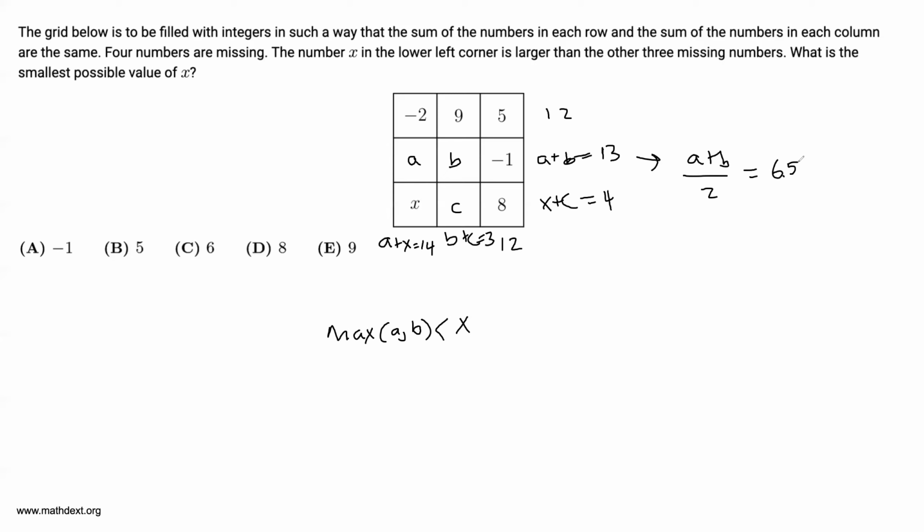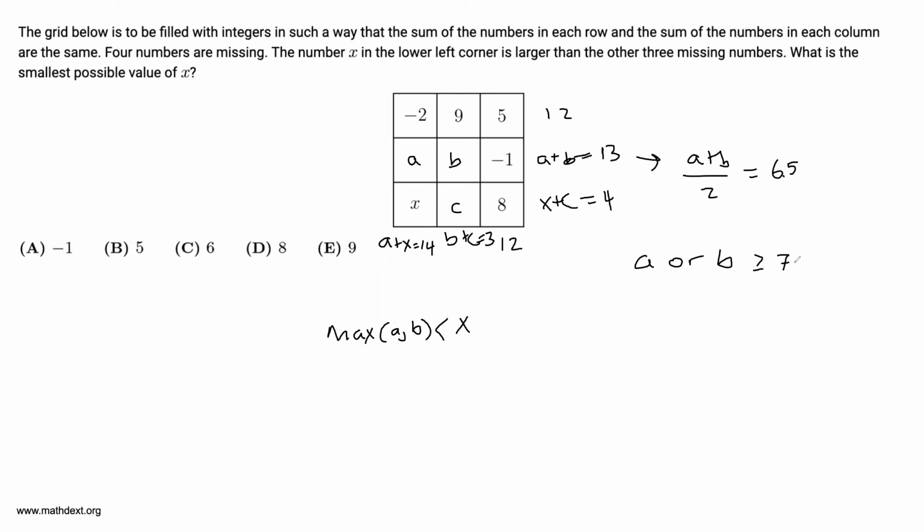When you take the average of A and B, it should be the number in the middle between A and B. So if A and B are both smaller than 6.5, like if A is 5 and B is 6, their average is 6.5, which is greater than both of them. That's not possible. So we must have at least one of A and B be greater than our average of 6.5, which means that one of them has to be 7. So A or B is greater than or equal to 7.